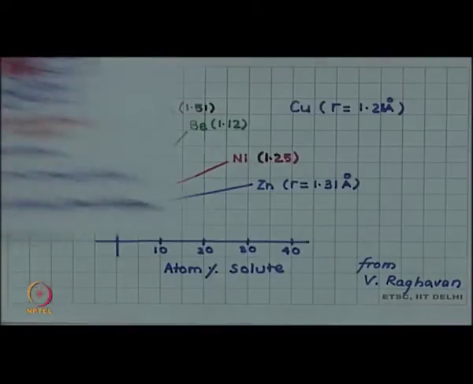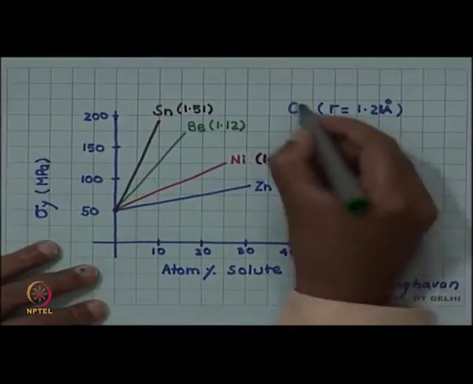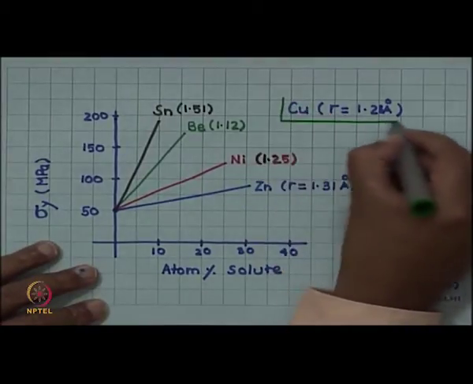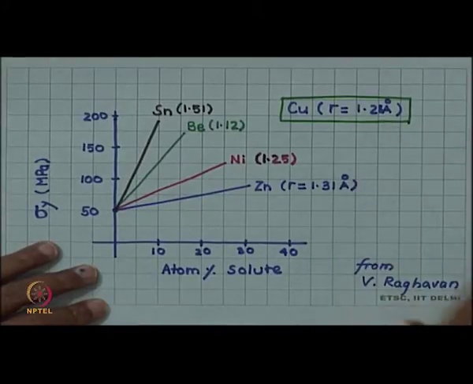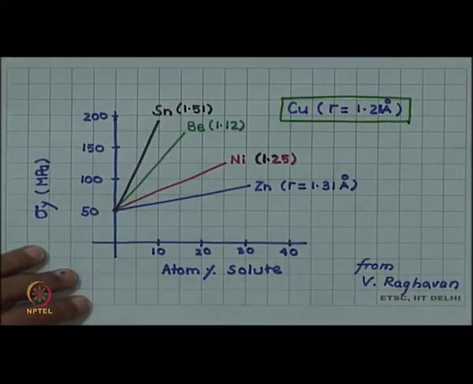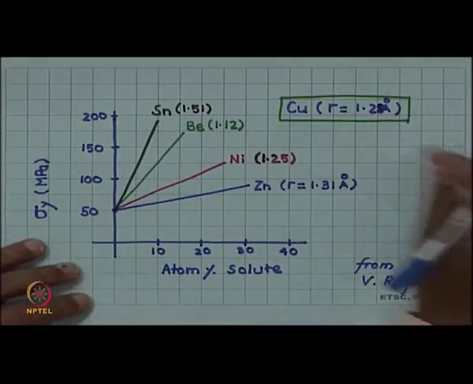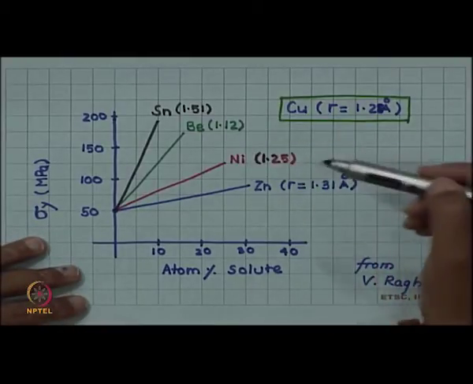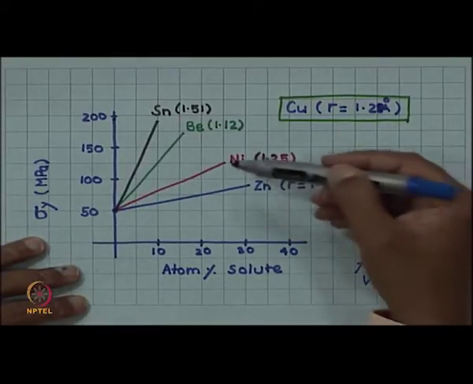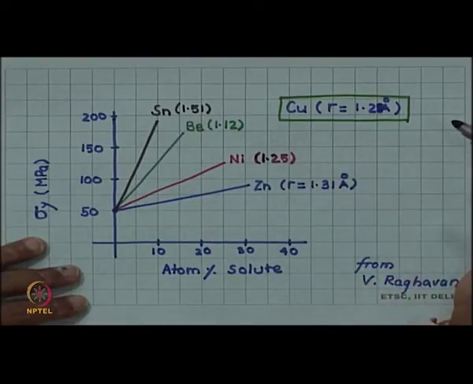So, let us look at this example. The base element is copper, and the radius of the copper atom is 1.28 angstrom. In that we use as substitutional solute different elements: zinc, nickel, beryllium and tin, and they have their own radii.